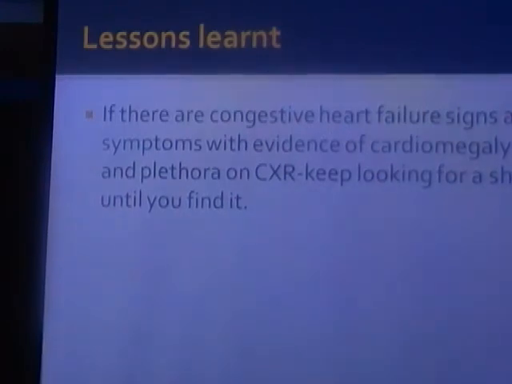We've had similar cases, the weird cases of aortopulmonary shunts from the descending aorta, a big vessel going into the lungs. Again, on the echo, there's no VSD, no PDA. But on further looking, we find there is always a shunt when the features of heart failure are there and X-ray shows cardiomegaly and plethora. So one has to keep looking for it.